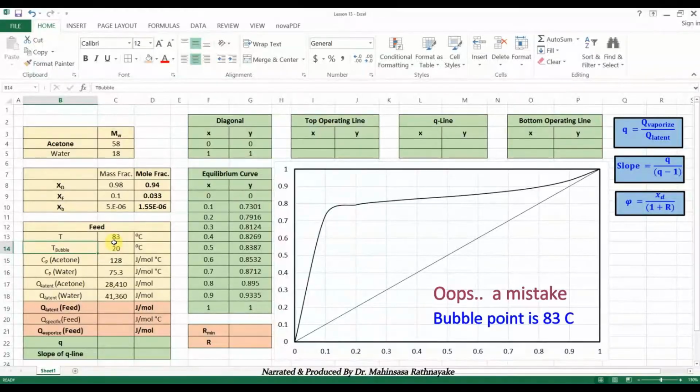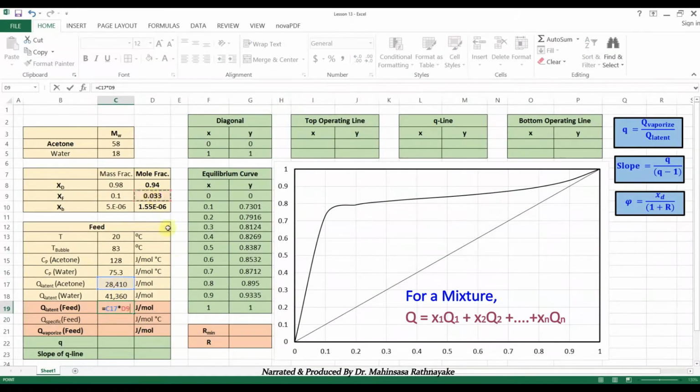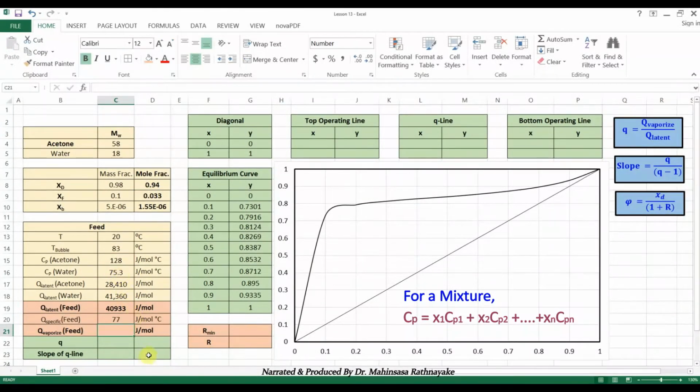In this example, the bubble point of feed is 83 degrees Celsius. From the latent heats and the mean specific heats of water and acetone, we can find the latent heat of feed is 40,933 joule per mole and the specific heat of feed is 77 joule per mole per degree Celsius.